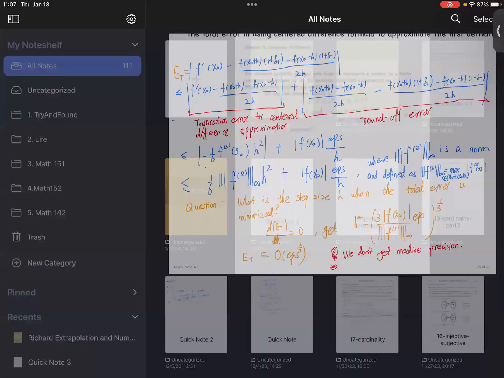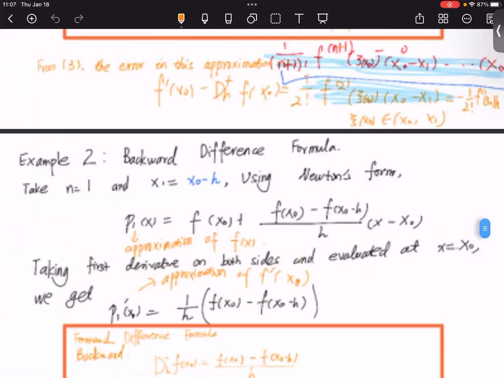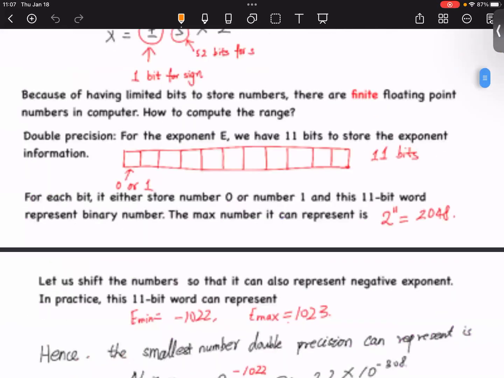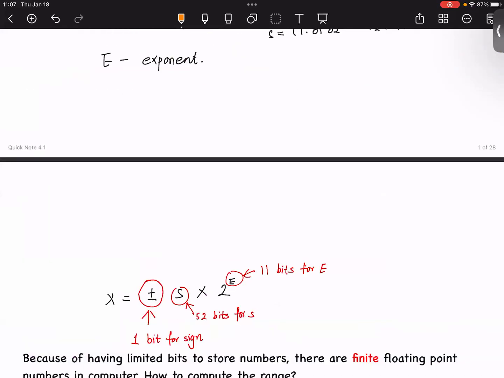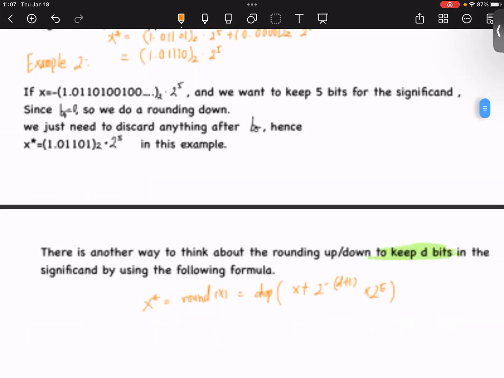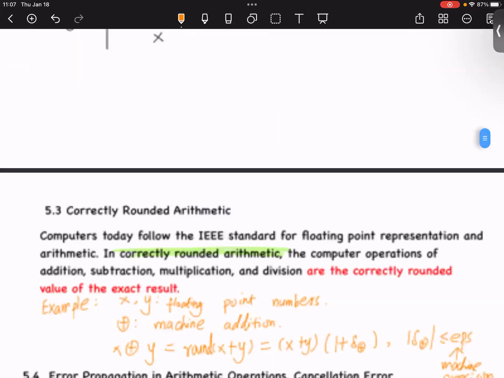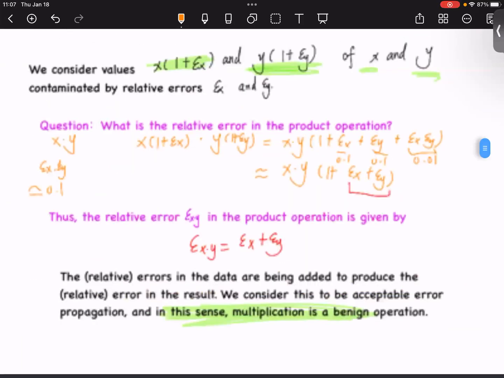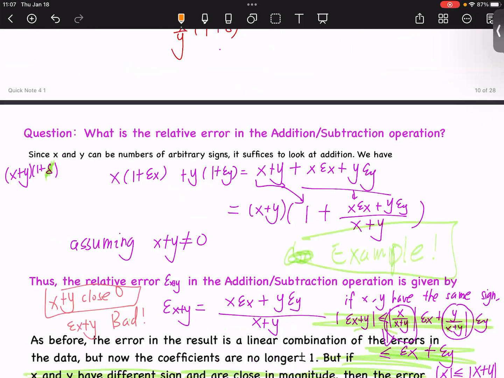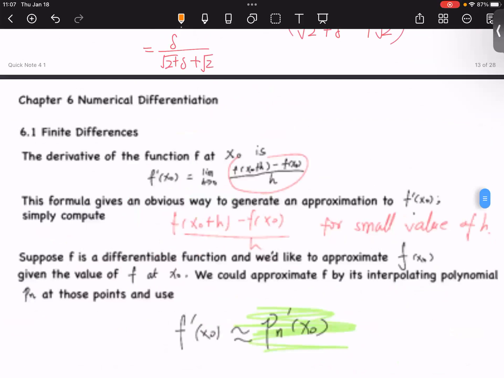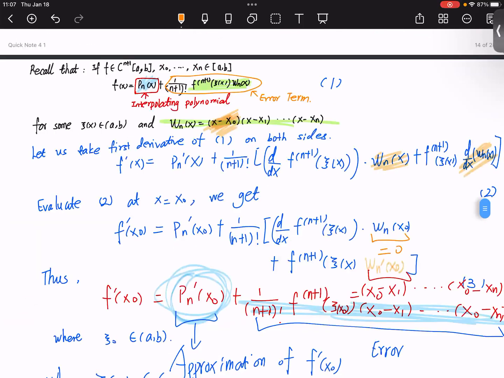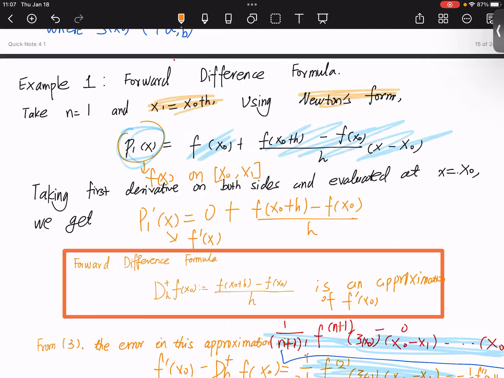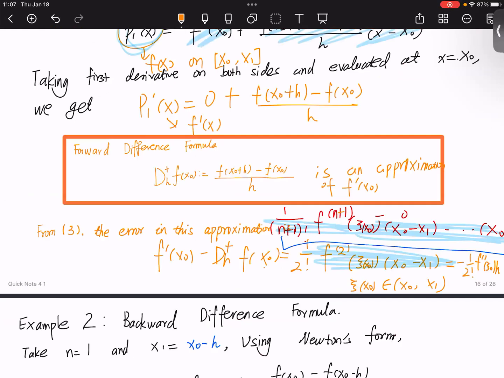Where's the first formula? Okay, let's take a look. The finite difference. Okay, so this is the forward and backward. This is the forward difference formula.